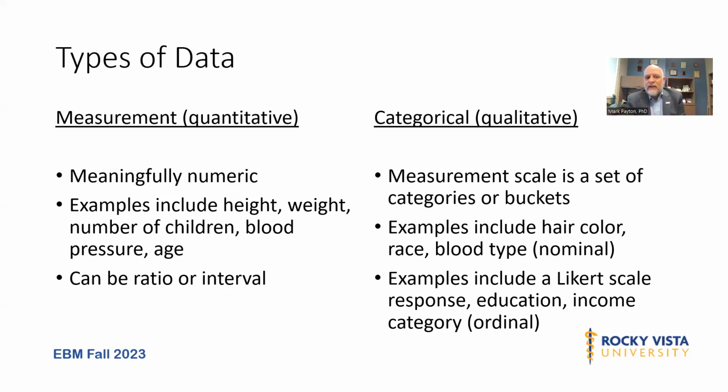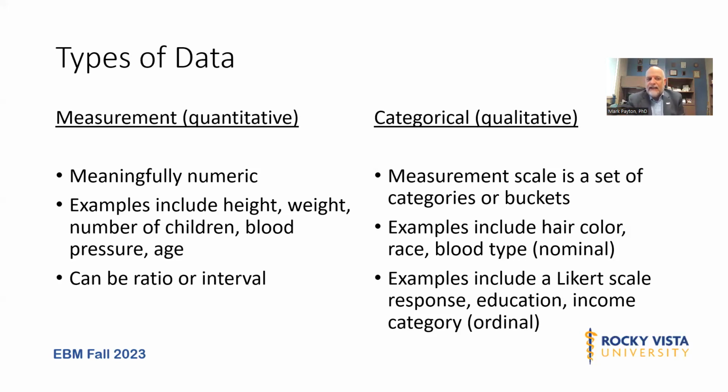If you're talking about quantitative data, keep in mind that the word quantity is sitting right there in the word. These are meaningfully numeric data. Examples would include things that you can measure with a number: height, weight, blood pressure, things like that.